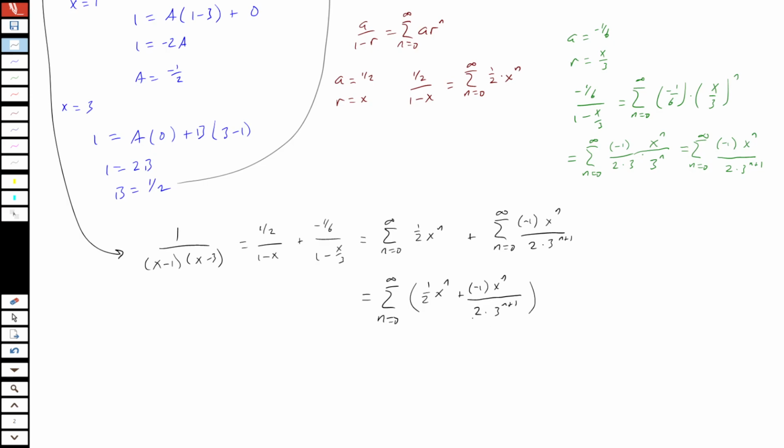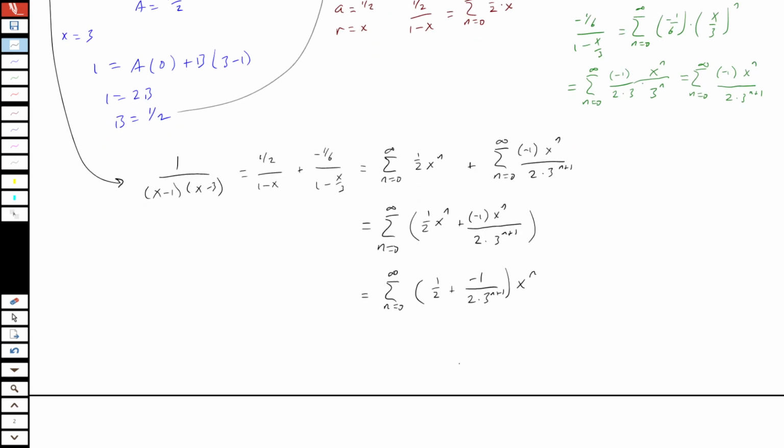So the easiest step to do is just to factor out the x to the n. So I have 1/2 plus negative 1 over 2 times 3 to the n plus 1, times x to the n. I think in many cases this will probably be sufficient. But if you wanted to clean this up a little bit, then on the left we're going to get a common denominator.